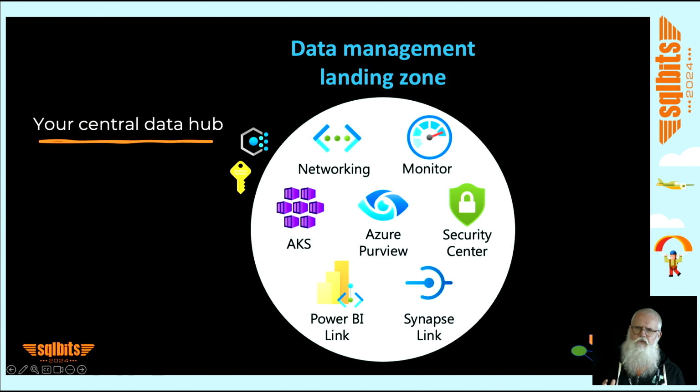And again, Microsoft and most cloud architectures go from a hub-spoke perspective. So this is your hub where everybody comes in. That's where you make sure that networking is okay. You monitor and support the different parts. You have your central governance in place, so there's a central data catalog, access control, and so on. And then you have connections out to the external parties.